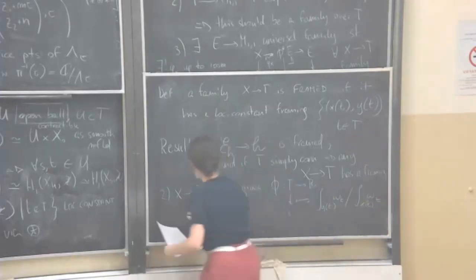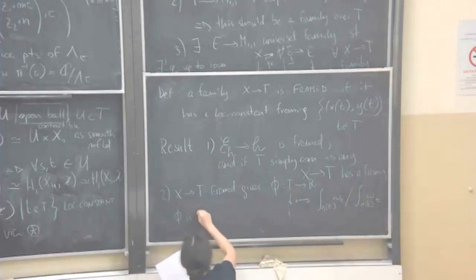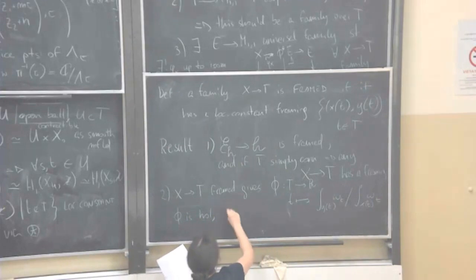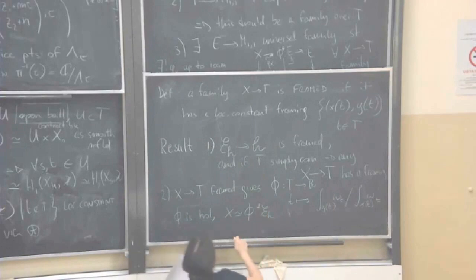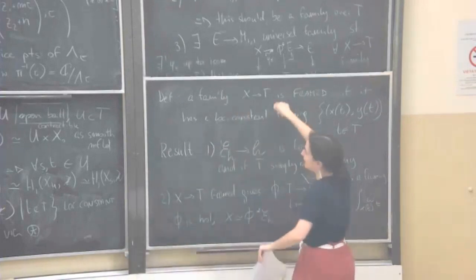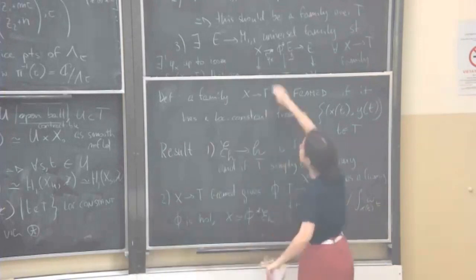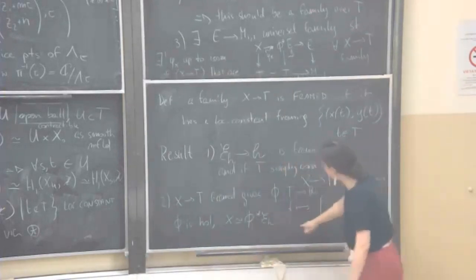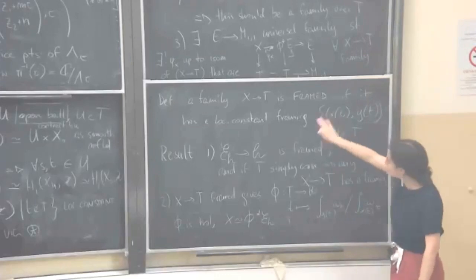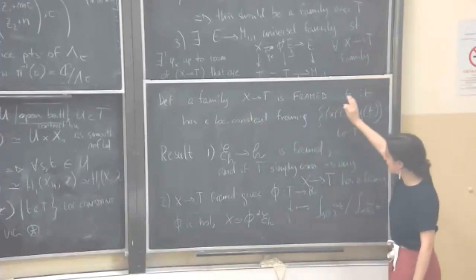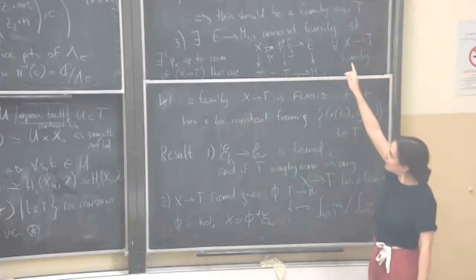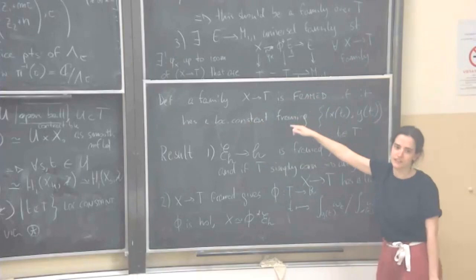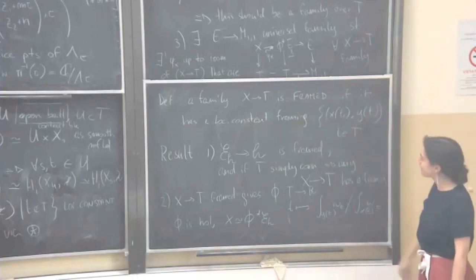And this map here is holomorphic. And moreover, X is actually isomorphic to the pullback from E over H. So if you work with framed families of elliptic curves, this gives you all the conditions that we were asking. So everything works.